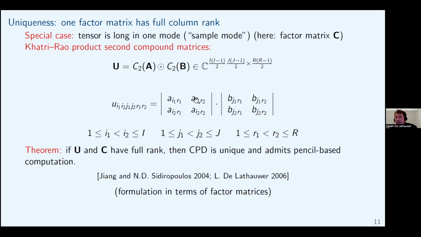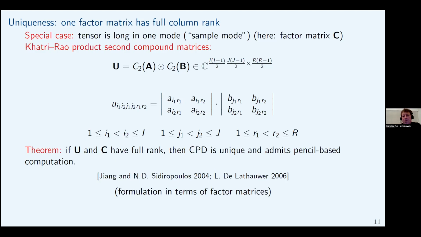You see here these 2x2 determinants. These 2x2 determinants will somehow play the role of a rank 1 detector.